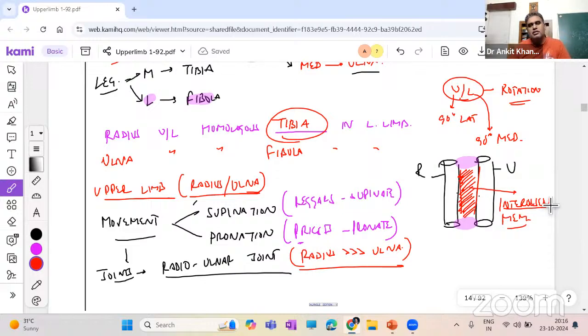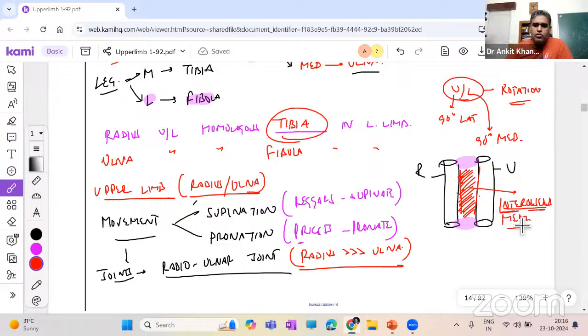And in general anatomy, we discussed a topic known as joints. In joints, this example came of interosseous membrane. So there is always an interosseous membrane between the two bones of the forearm or the two bones of the leg also. So this interosseous membrane, what does it mean?